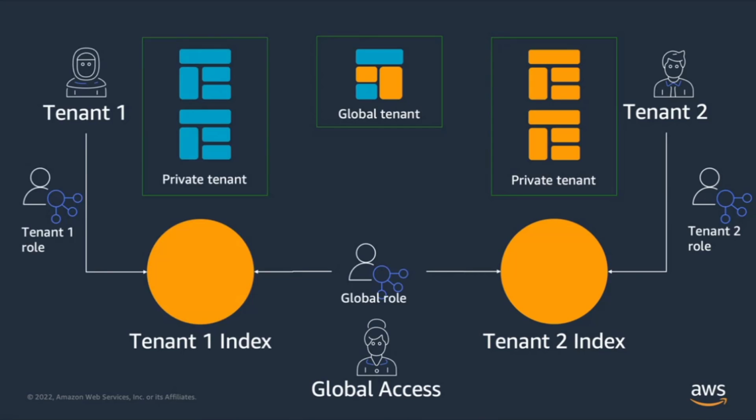The global tenant is also useful when you have some kind of global role where that user needs access across all of the indices, visualizations, and dashboards. This would be, for example, a security engineer who needs to look across all of the indices to see what's going on with each of the groups.